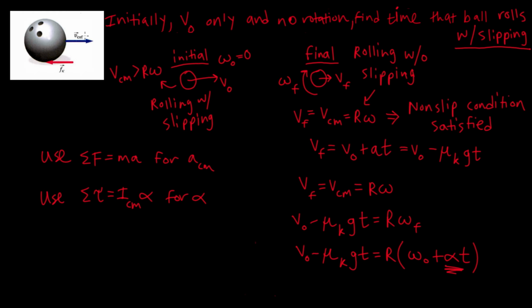So earlier we used sum of the forces equals ma for the acceleration of the center of mass, but now we have to use the sum of the torques equals the moment of inertia times the angular acceleration to find an expression for the angular acceleration.